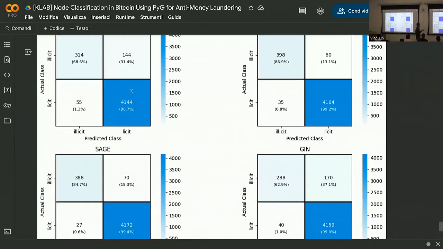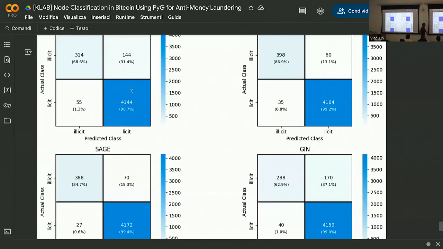So the number that we have to take into consideration is that one: the cases in which the predicted class of my model is illicit and the actual class within the data is illicit. So there is an overlap between the result of the model and what the data says.